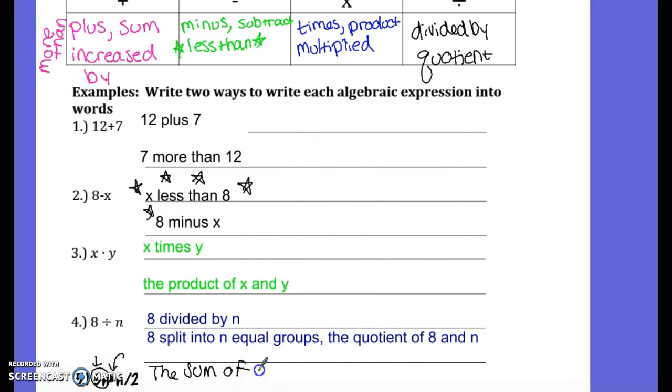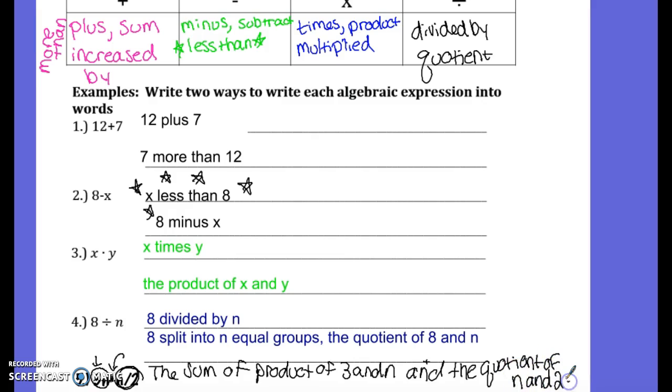So the sum of the product of 3 and n, and that 'and' means now that's where your plus sign is. So now we're going to talk about the right-hand side. So you always go left to right. So the sum, and then you talk about the left, and then you talk about the right, and the quotient of n and 2.